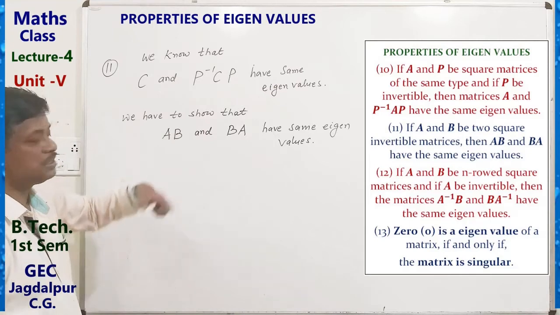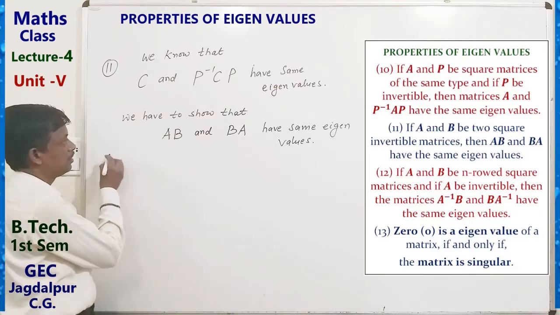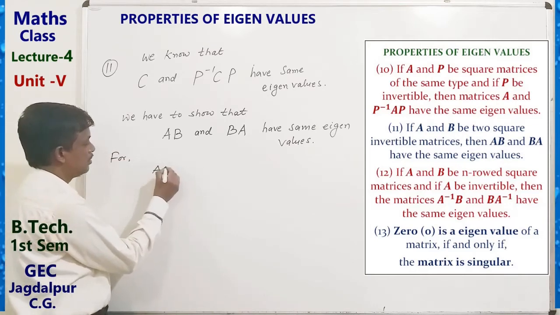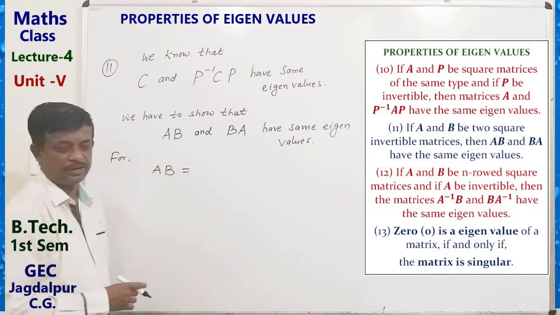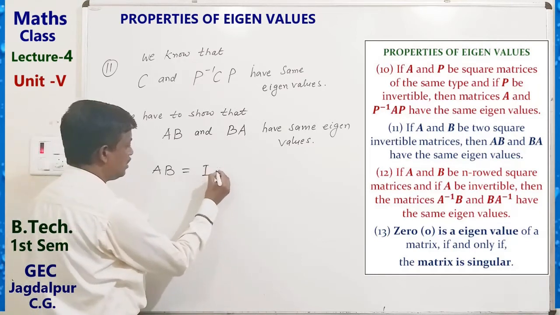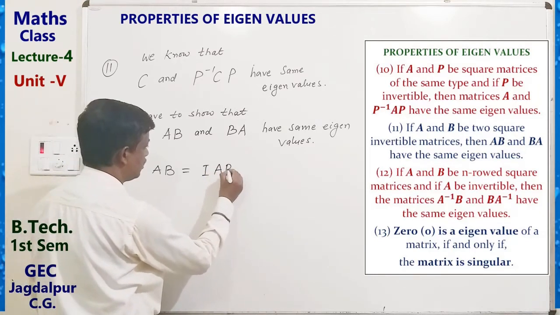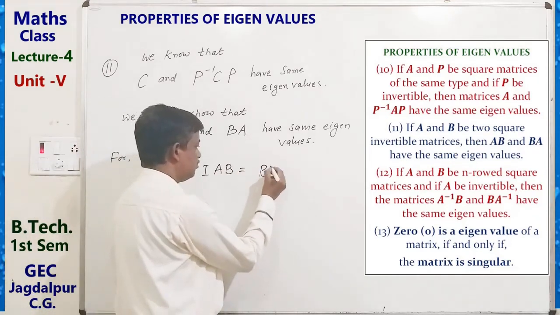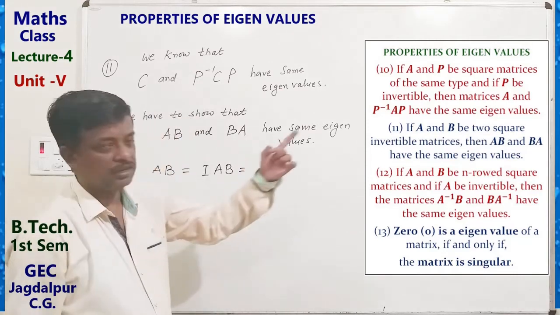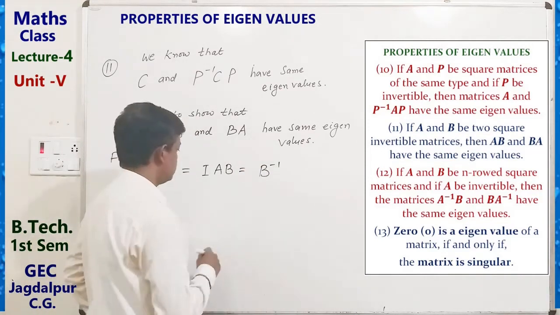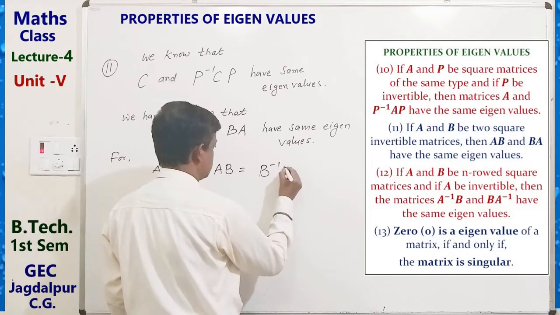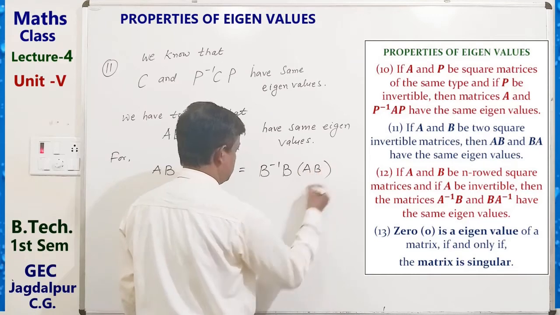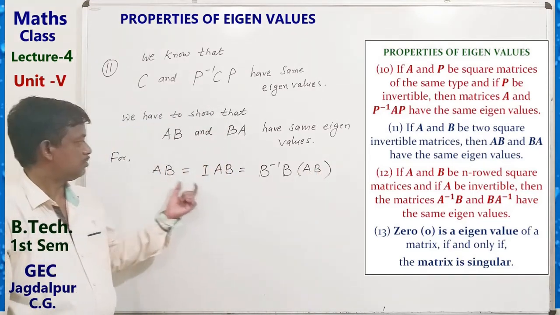Here in place of C, just we consider, for this, AB can be written as I into AB, and in place of I we can write B inverse B. Here A, B are invertible matrices, so A inverse, B inverse exist. So we can write AB equals I into AB.